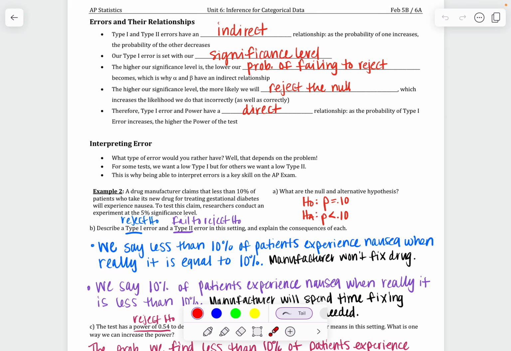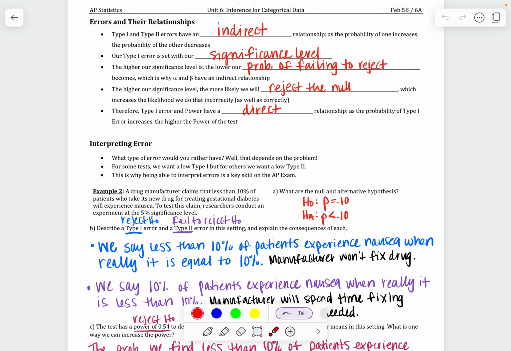Our type 1 error is set with our significance level. That's our alpha. The higher our significance level is, the lower our probability of failing to reject. So that's just what we've been talking about, which is why they have that indirect relationship. The higher our significance level, the more likely we are to reject the null. Therefore, type 1 error and power have a direct relationship.